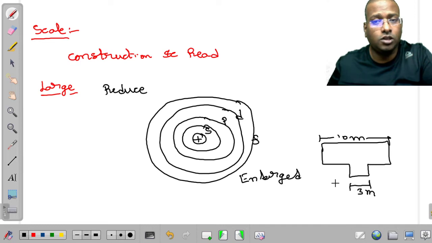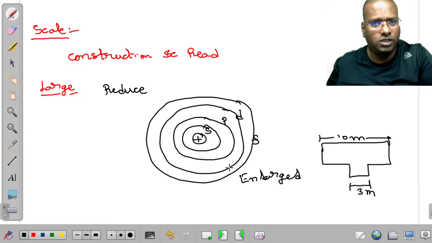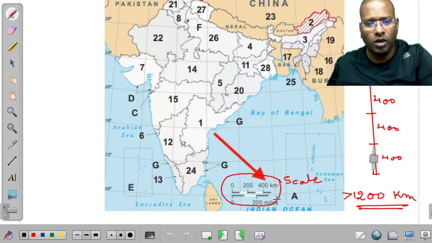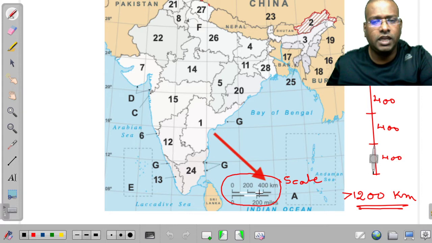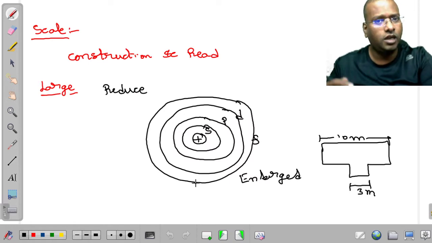Because a normal scale is not going to be used, how do we construct it? In order to know how to construct the scale, we normally observe here, this is one type of scale. What information do we require to construct the scale? We will learn that now.